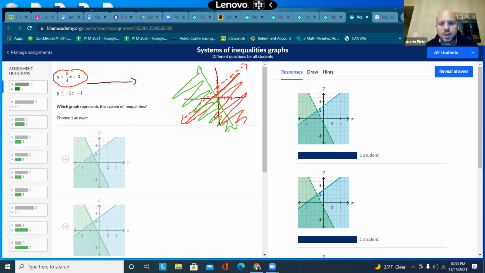You can see that there's an area right here where I have shaded both red and green, and that is the area that is the solution. So we call it the solution region.